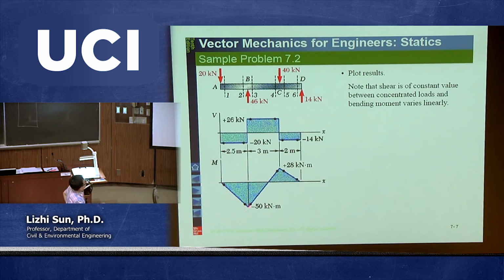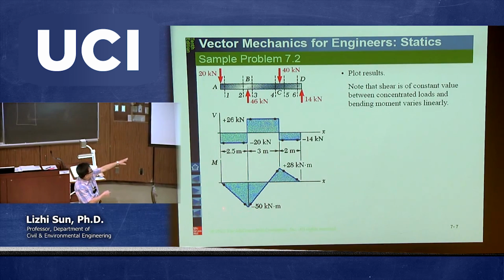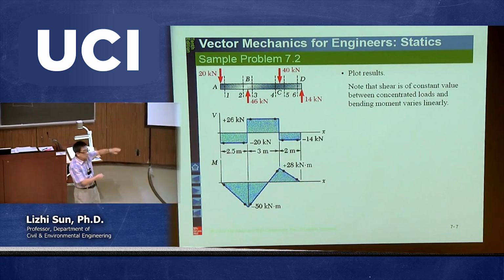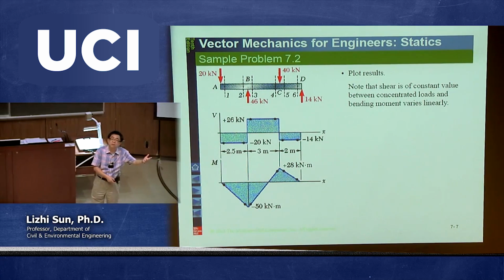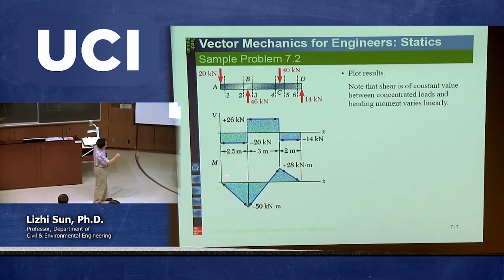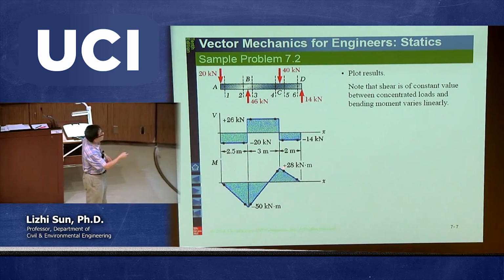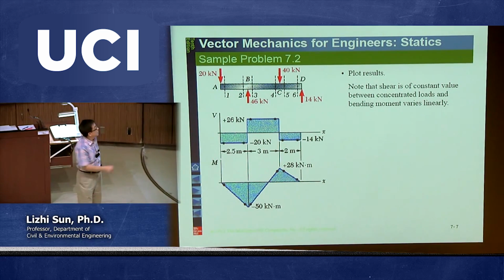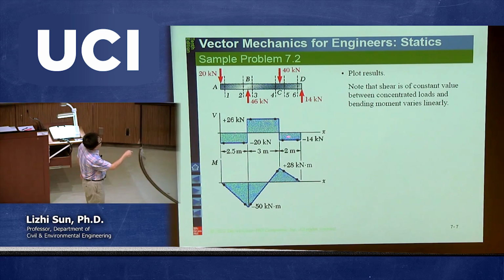This is the moment diagram, and this is the shear diagram. It doesn't matter whether you want to write negative 50 here or here. The bottom line is you do need to give such number information. And it doesn't matter whether you write this point is 28 or here is 28. The bottom line, you do need to give the number somewhere. Similarly, there's a shear diagram.